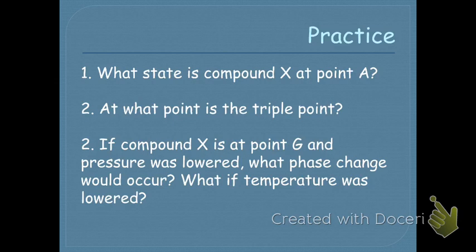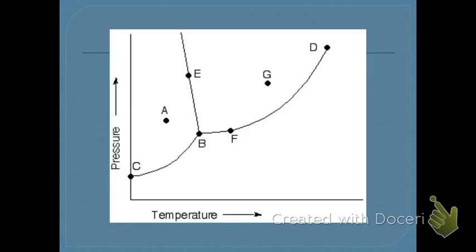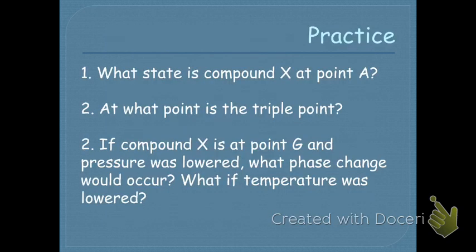So what state is compound X at point A? At point A, we see that it is in this area right here, and since it's a low temperature zone with varying range of pressure, we know that compound X is a solid.